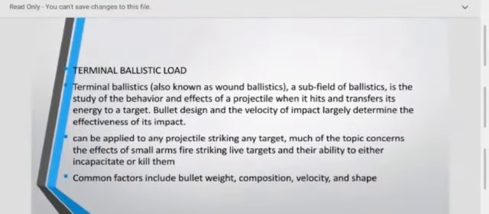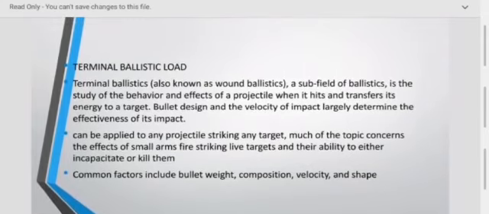Terminal ballistic load. Terminal ballistics, also known as wound ballistics, is a subfield of ballistics, the study of the behavior and effect of a projectile when it hits and transfers its energy to a target. Bullet design and the velocity of impact largely determine the effectiveness of its impact.